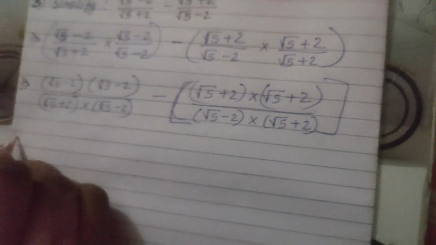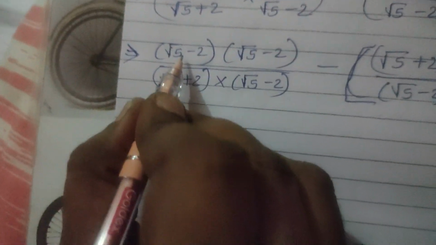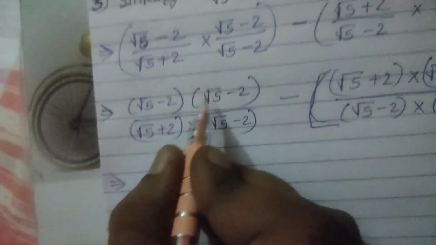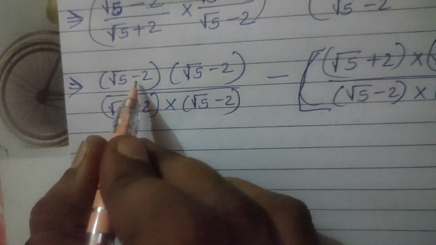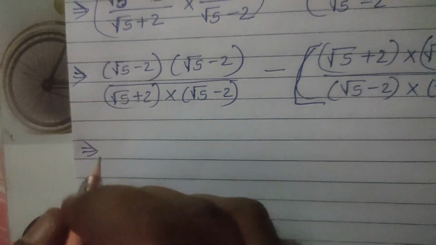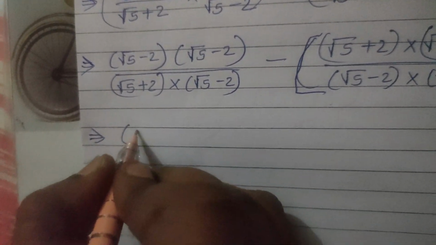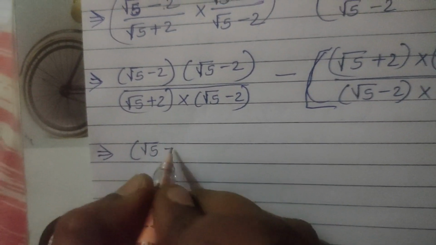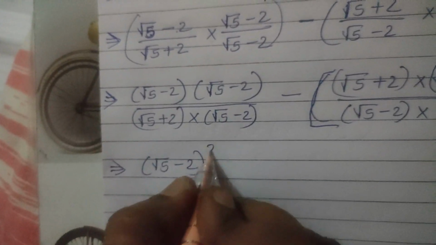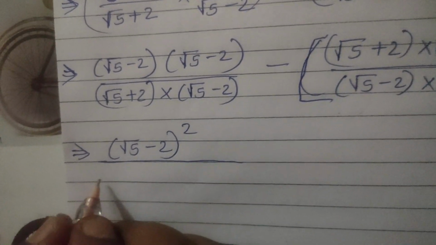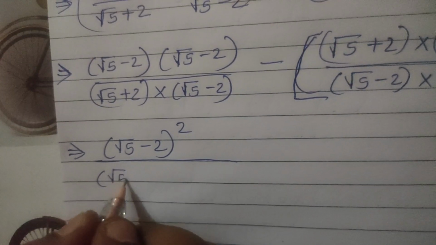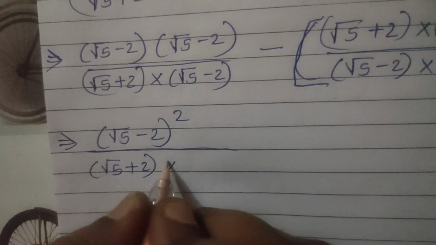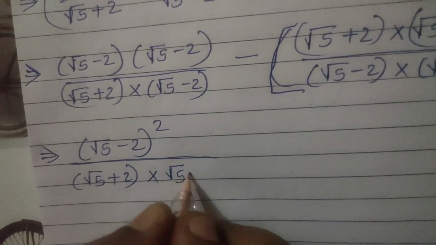Now here in the numerator, terms are same, sign is also same, and minus sign is there. So second identity, that is a minus b whole square. Better I will write here a minus b, that is root 5 minus 2 whole square upon root 5 plus 2 into root 5 minus 2.